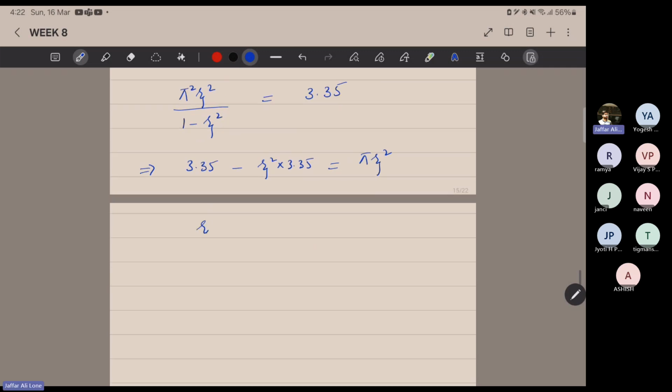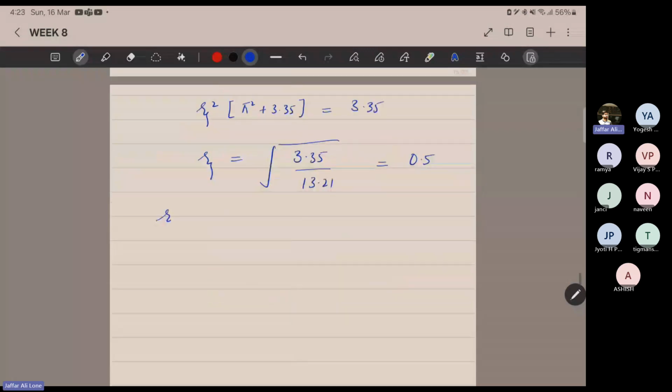So it will be zeta square into pi square plus 3.35, and zeta again is coming out to be 0.5. So I got zeta is 0.5.